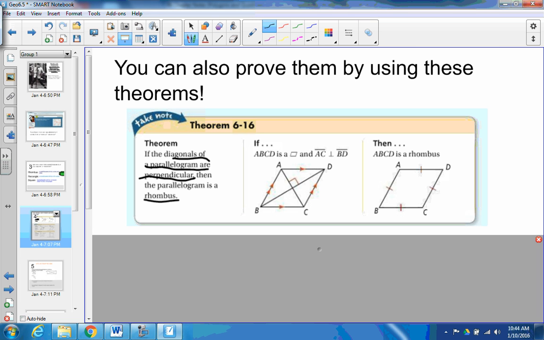So we have our picture here. If parallelogram ABCD has diagonals AC and BD perpendicular, then it's a rhombus. So then if we know it's a rhombus, we know all four sides are congruent as well.